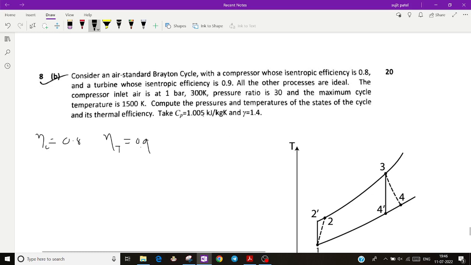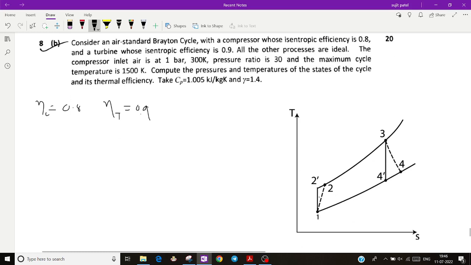The compressor inlet air pressure is 1 bar. This is 1 to 2, 2 to 3, 3 to 4, and 4 to 1. So at point 1, P1 is 1 bar, and the initial temperature T1 is 300 Kelvin.